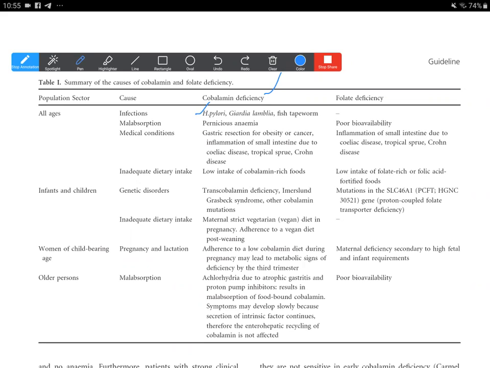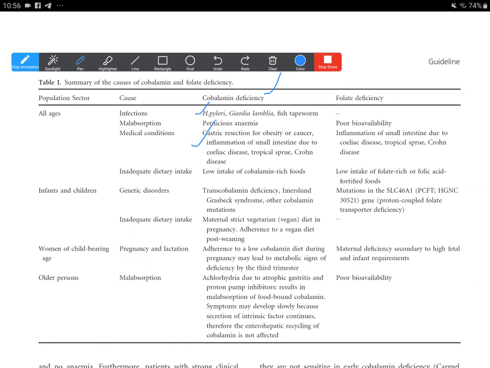So I'll just confirm this chart regarding cobalamin deficiency. Most of the disorders are due to gastric causes, which may be infections of the stomach, that is H. pylori infection, or there could also be causes of gastritis like gastric resection for any sort of cancer or inflammation.